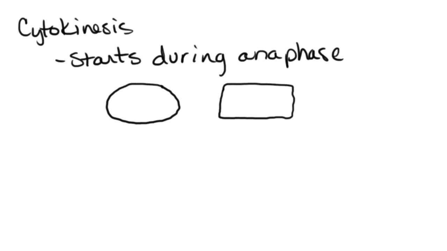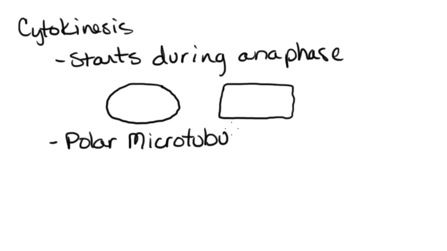Now, the way that the cell is actually going to lengthen is that we will have special microtubules involved, which are called polar microtubules. The polar microtubules do come out of the centrosomes. So if we were to draw some centrosomes here, recall that the centrosomes are going to be at opposite sides of the cell, and we would certainly have spindles that come out of them because they are responsible for making the spindles.